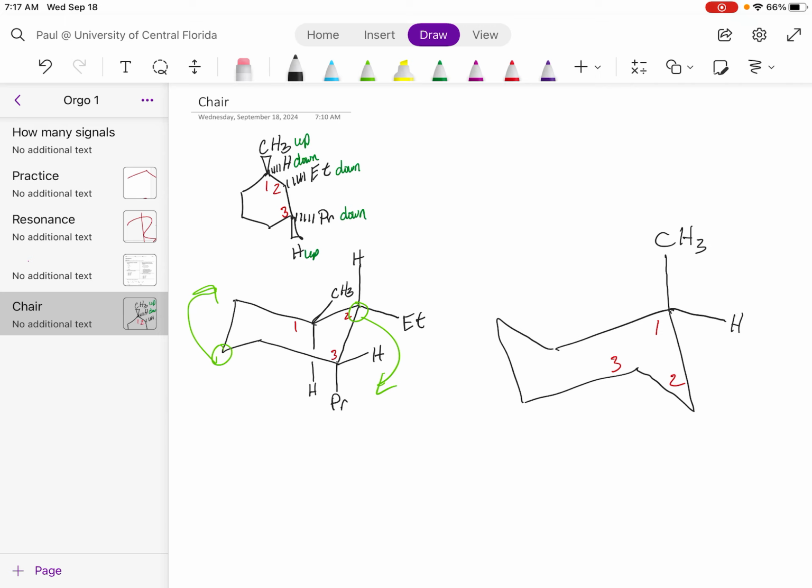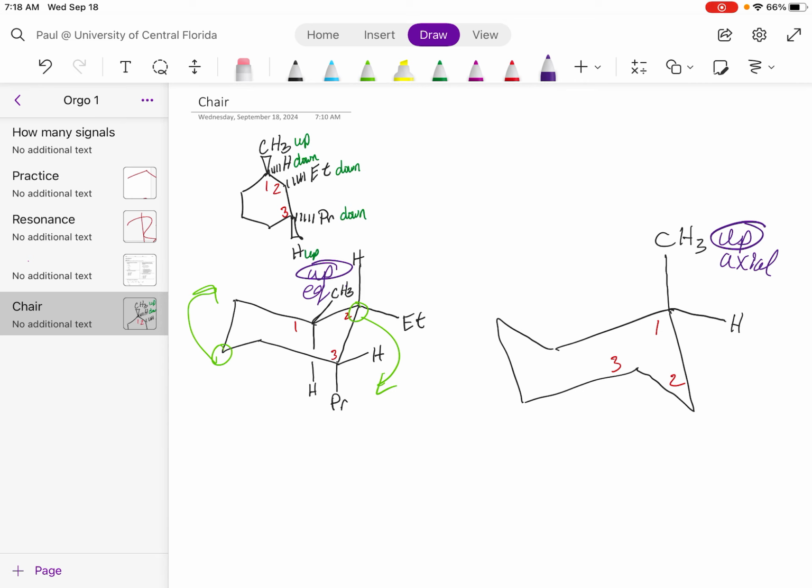And so one thing that I want to highlight here is that this methyl right there is in fact equatorial, and it is also up with respect to carbon 1. When we go to the second chair, we can see with respect to carbon 1, the methyl group is up and it's axial. So do you see how the up position does not change when you flip a chair? But what does change is equatorial to axial.